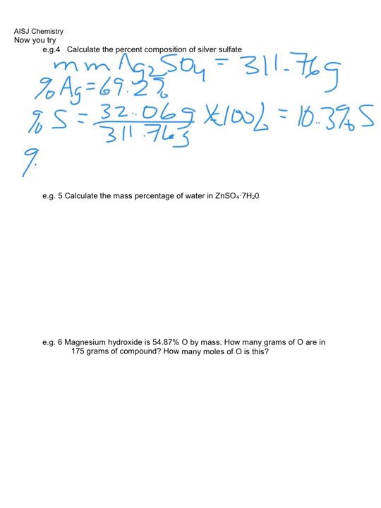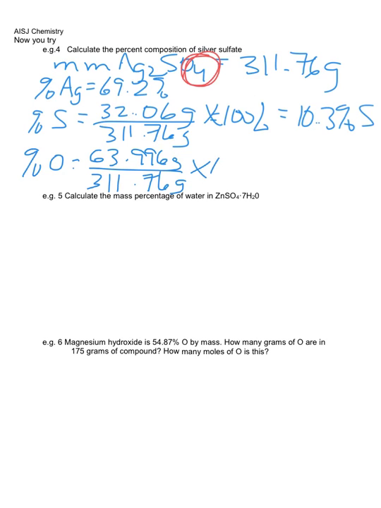Similarly, the percentage of oxygen is 63.996 grams, which we obtained by multiplying 4 times the molar mass of oxygen divided by the total mass of the compound times 100, and we get that this compound is 20.5% oxygen.